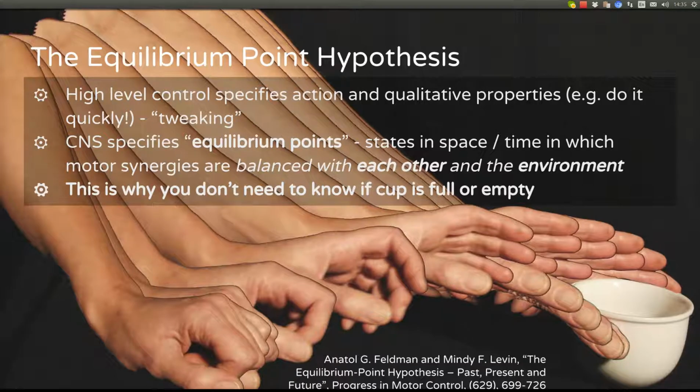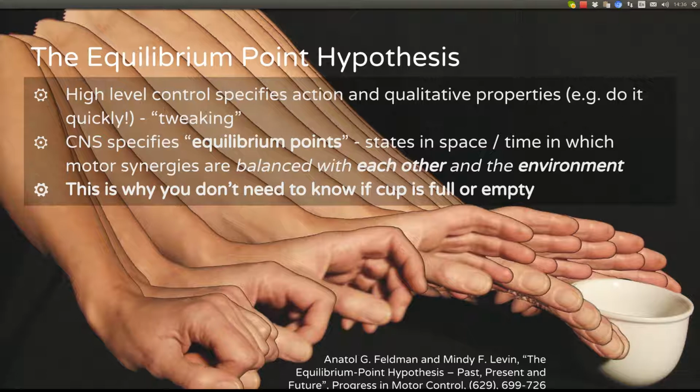So this leads us to the equilibrium point hypothesis. Basically the high-level control, the central nervous system, through either some sort of stimulus, such as our vision, or through some sort of conscious thought, specifies the action, so maybe pick up my cup of coffee, and perhaps gives me some qualitative properties as well, like do it quickly, or do it slowly, or tip it over when I pick it up.